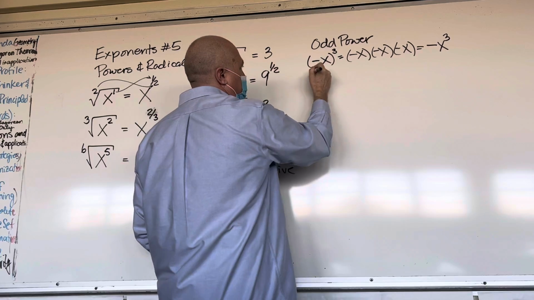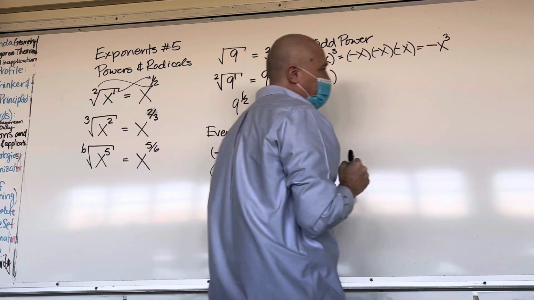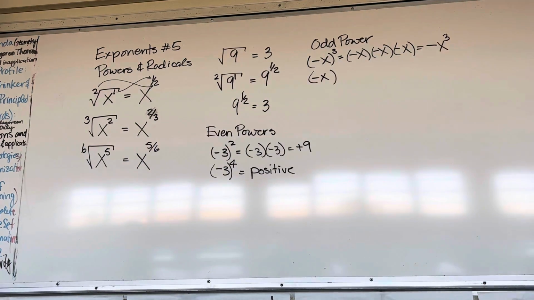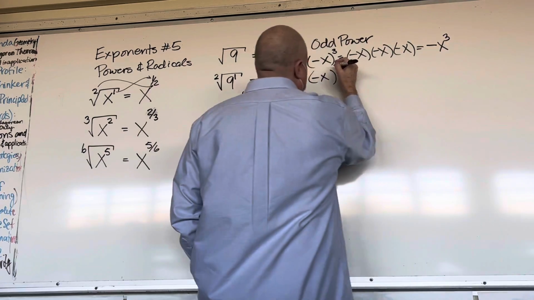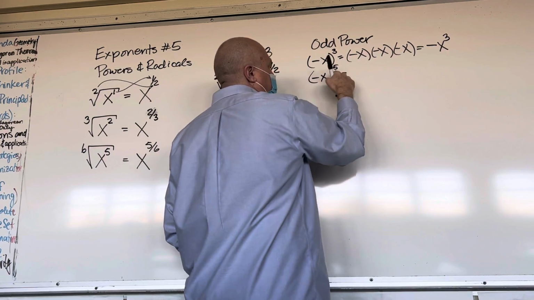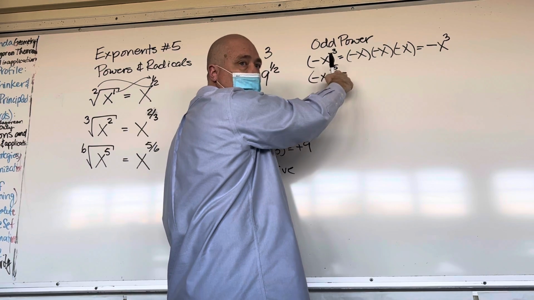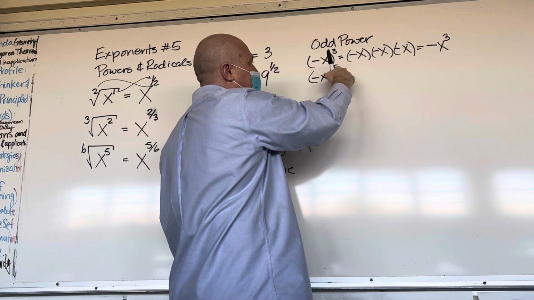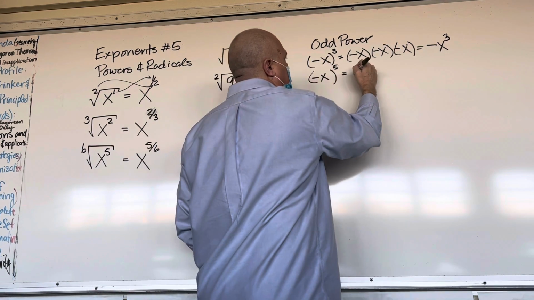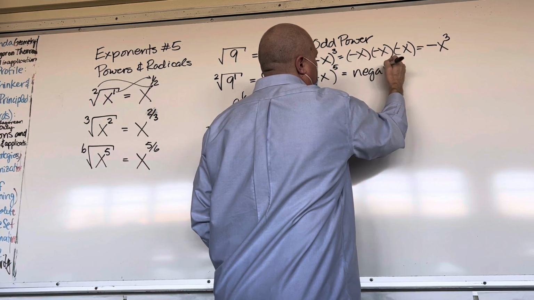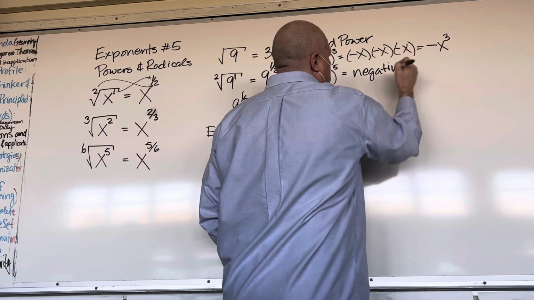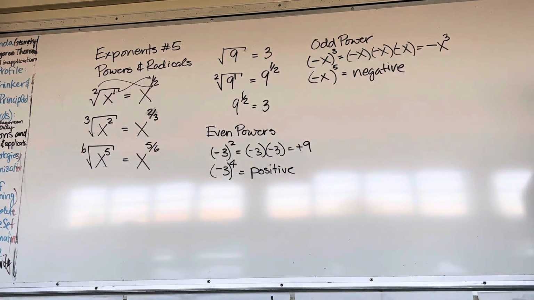The point being, we have a -x, and what do we raise it to? We did a 5, right? And the idea being, let's say this was raised to the power 11 or 21. An odd power will always produce, in this case, negative. Negative.